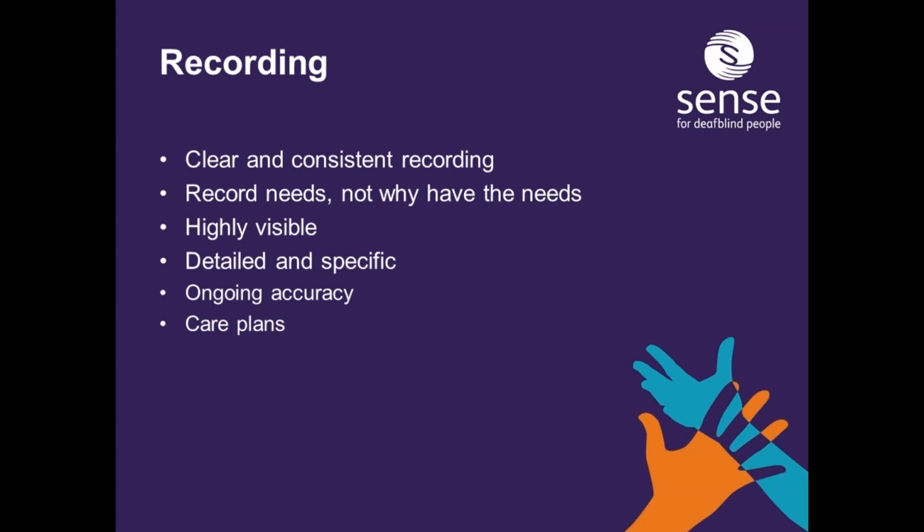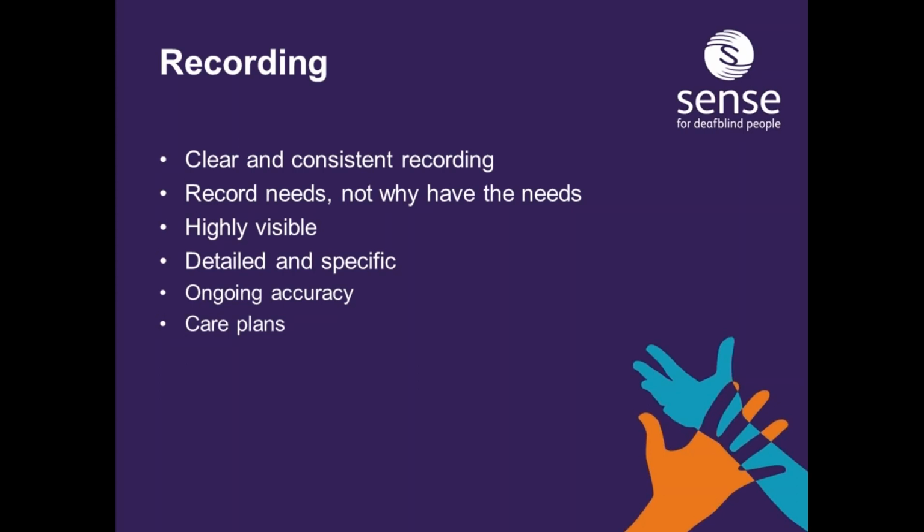So why is that? Well, making a note of someone's impairments will not always tell you what their communication needs are. And I think looking at somebody who is deaf-blind really works to illustrate that. So someone who is deaf-blind could communicate in a range of ways.